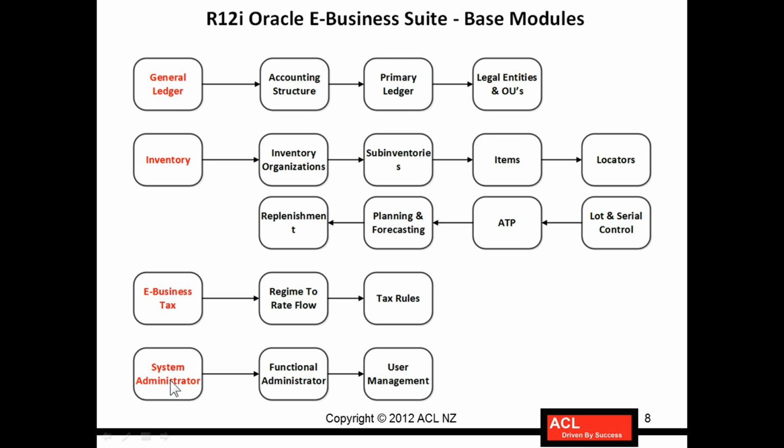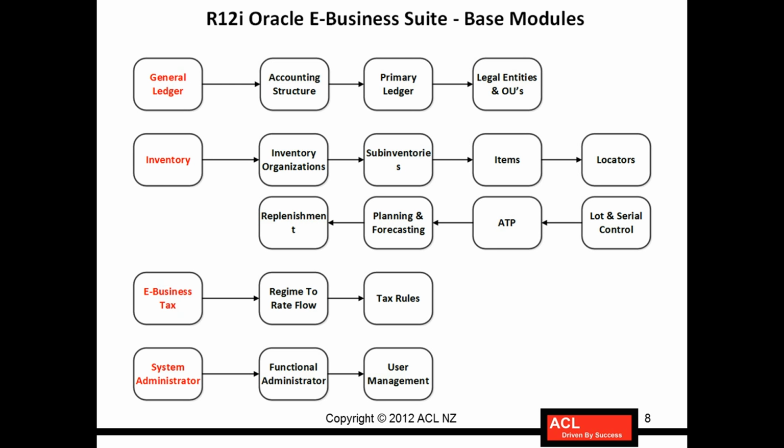Finally, the last one is the system administrator module, which you keep leveraging while you are setting up all of these applications to apply your company policies around security and data access. The system administrator has three modules. The system administration module itself, then you can establish your user access and security using the functional administrator module, and all the data access related setups can be done through the Oracle user management module.